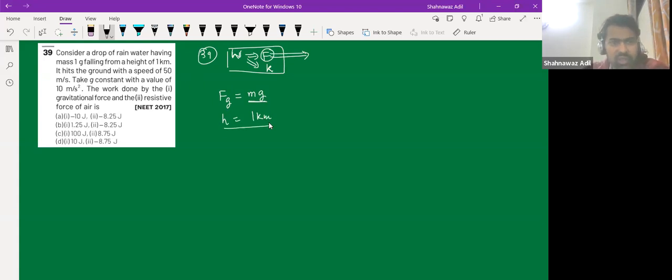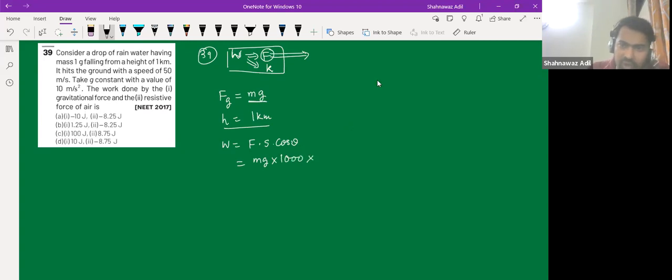The work done by the gravitational force would be F S cos theta. So F is mg, S is 1 kilometer, and we have to change it to meters, so that is 1000.